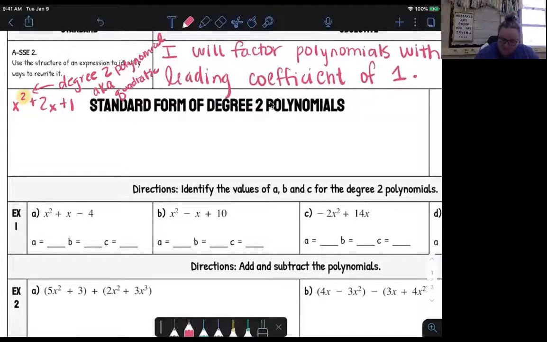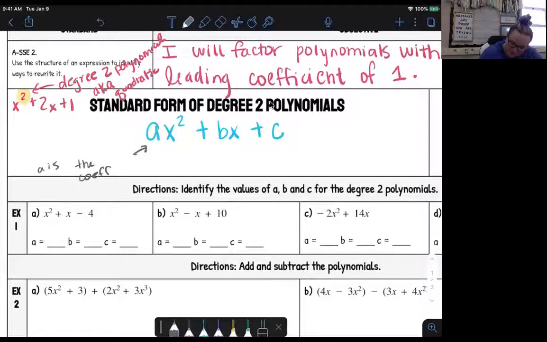So the standard form of these degree 2 polynomials, or quadratics, looks like ax squared plus bx plus c, where a is the coefficient, or what's being multiplied by x squared.